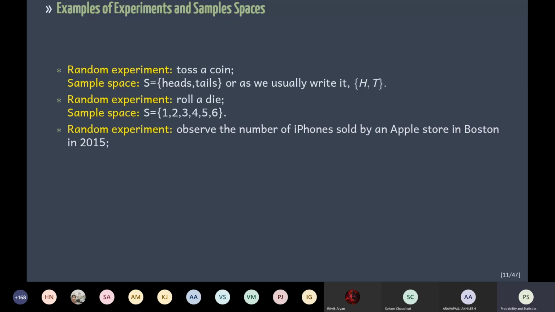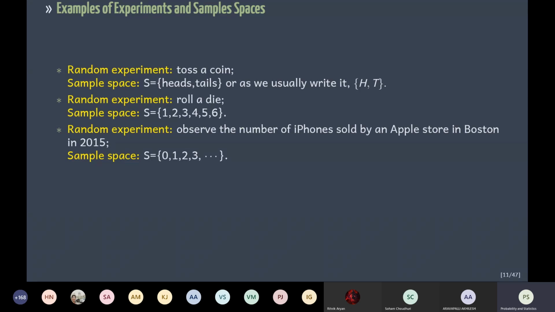Another random experiment could be to observe the number of iPhones sold by an Apple store in, let us say, Boston. In this case, the sample space is all possible outcomes. It could be zero phones sold, it could be one phone sold, it could be three, and it can keep going because these sales keep happening, right?